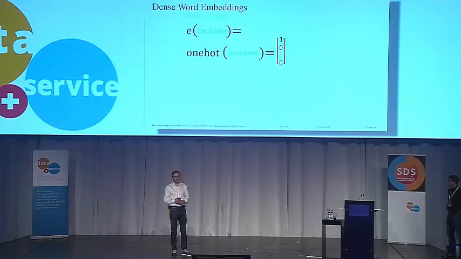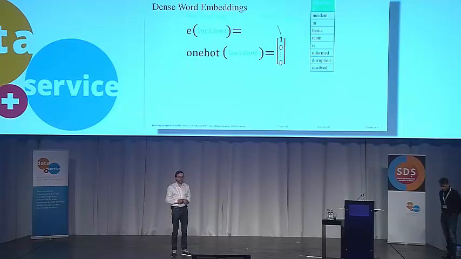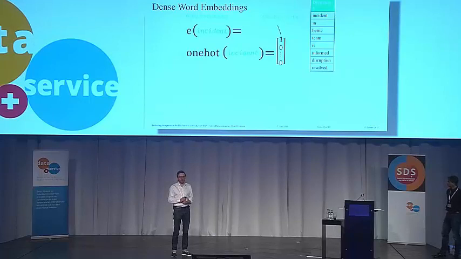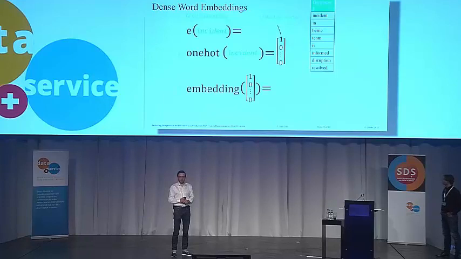You use the same dictionary as before, this dictionary of words. And then instead of doing this for the whole document, we do it just for one word. So you get a vector that has 1, and all the rest is 0. So the word incident would just be a vector where the first word is 1. We compute a function that embeds this into a dense feature vector.